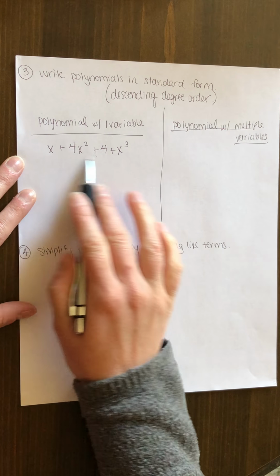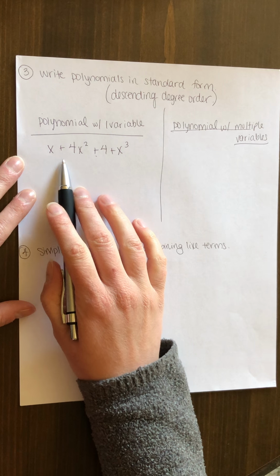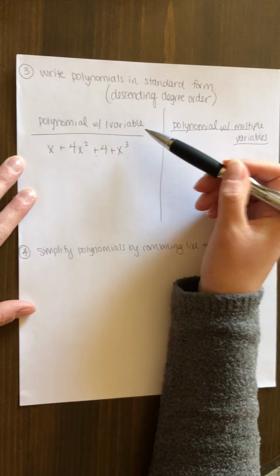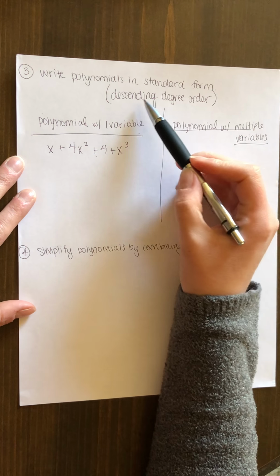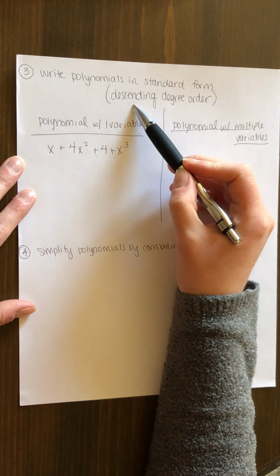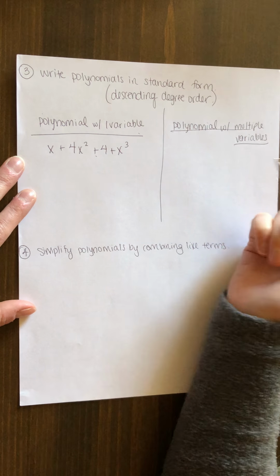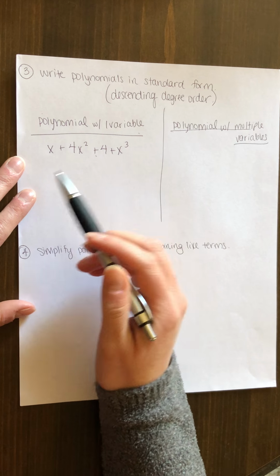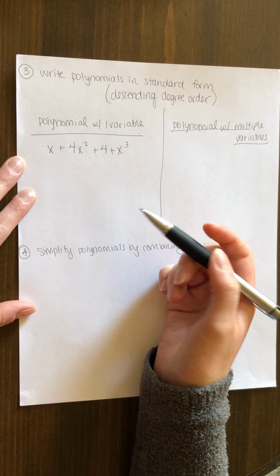So again, I scan over the polynomial. All I see is the letter x, x, x. No other letters. So that's a polynomial with one variable. I want to write this in descending degree order. So what I want to do is locate the term with an x that has the highest degree.